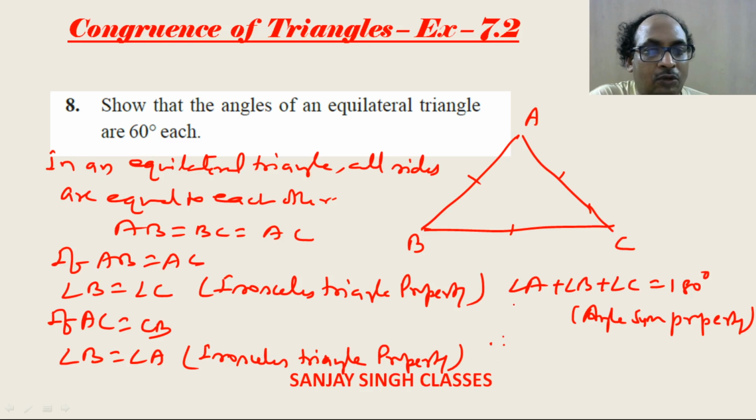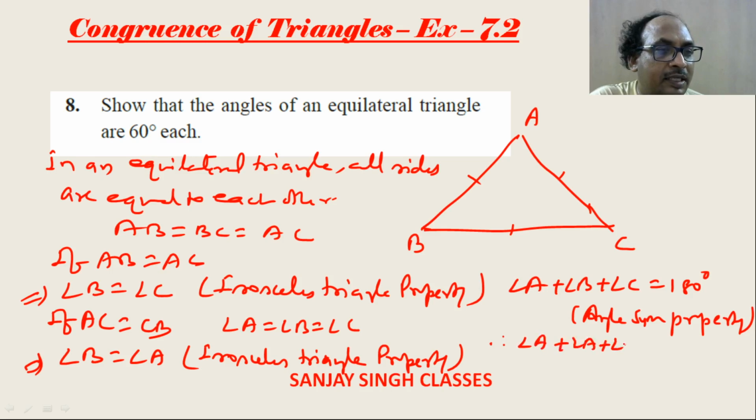Therefore, all are equal: angle A is equal to angle B is equal to angle C. So we can write angle A plus angle A plus angle A is equal to 180 degree, and therefore 3 times angle A is equal to 180 degree, and angle A is equal to 60 degree.